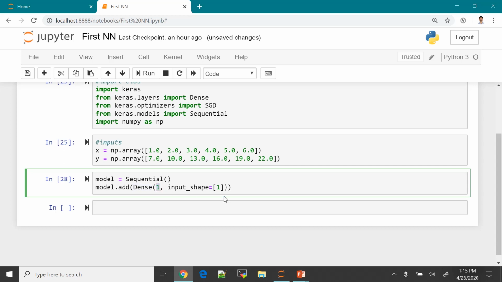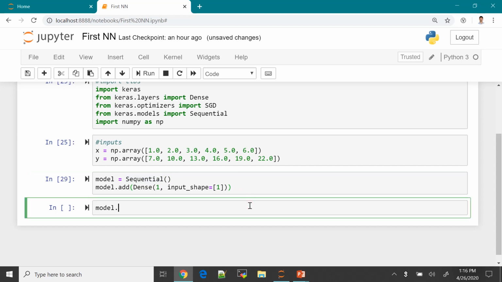It's a basic neural network with only one neuron in it. And if you see in a neural network, there is an input layer, there is a hidden layer, there is an output layer. So the successive layers are defined in sequence. Hence we are using the word Sequential, or the Sequential model.